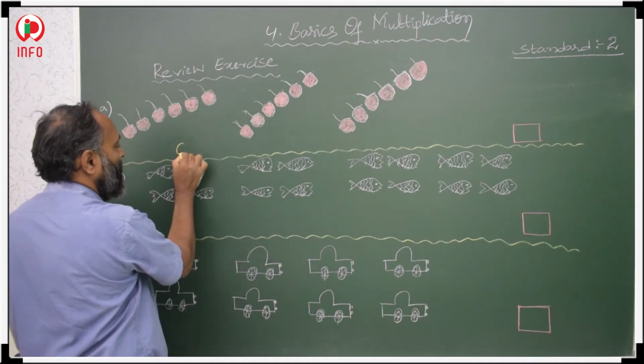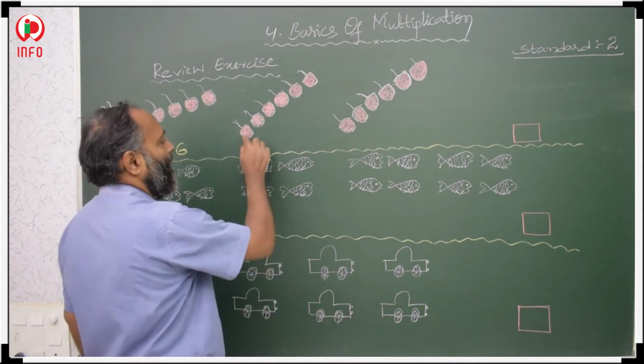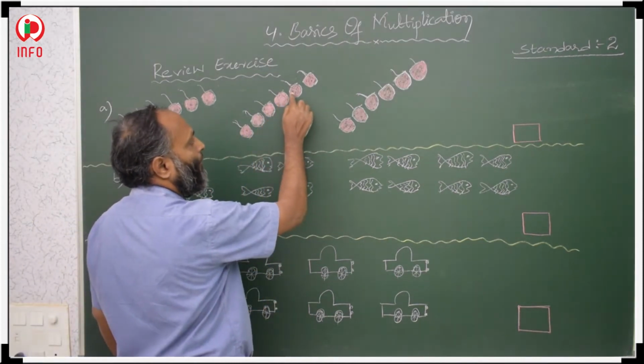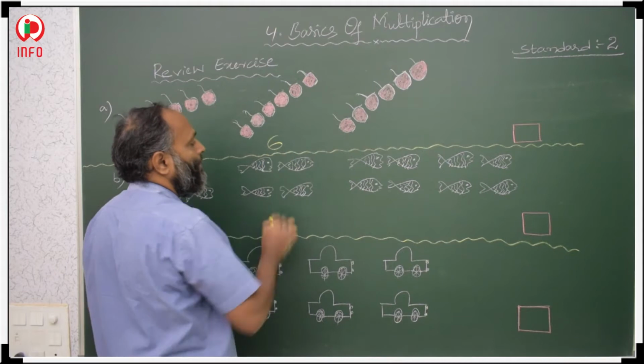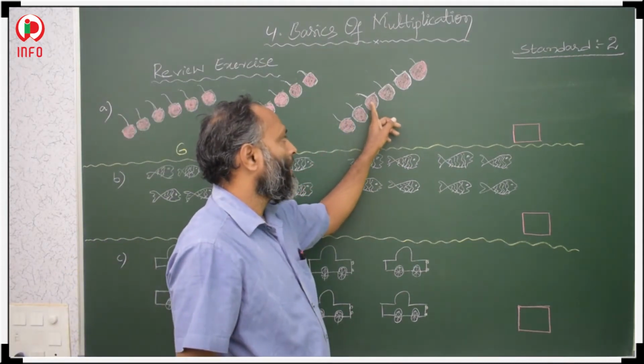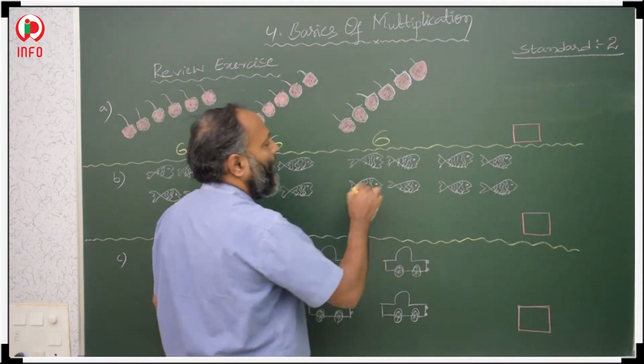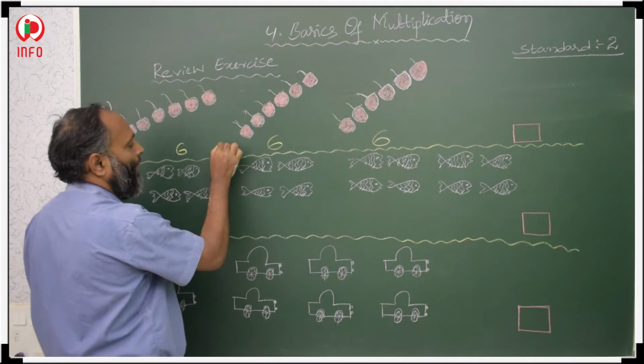Here 6 cherries. And here: 1, 2, 3, 4, 5, 6. And here: 1, 2, 3, 4, 5, 6. 6 cherries. Equal numbers of cherries, so we have to add.